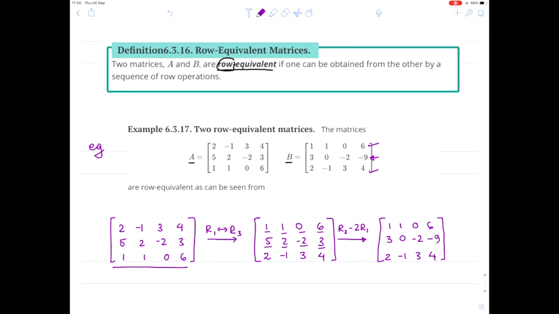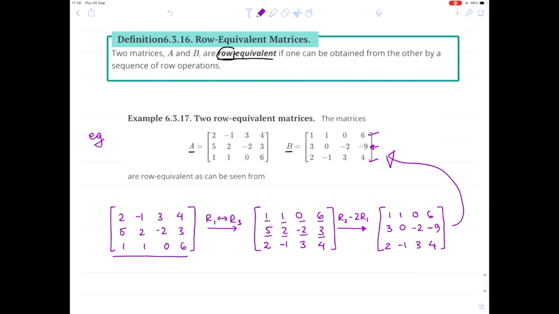And that's how we got to our matrix B. Of course, our little intermediate matrix over here is also row equivalent to both A and B, and you could find many more matrices, and any pair of them would be row equivalent.